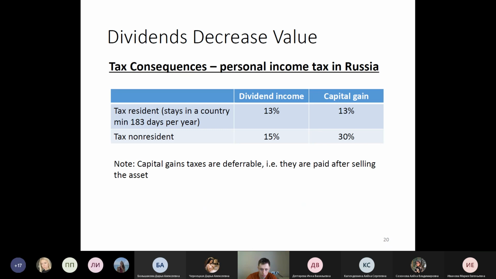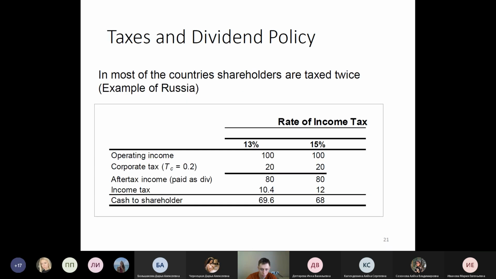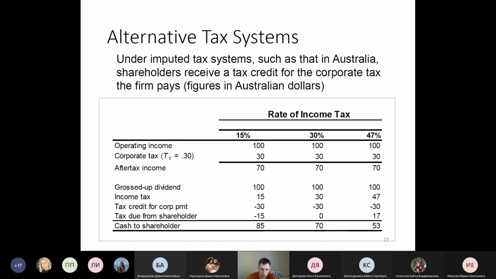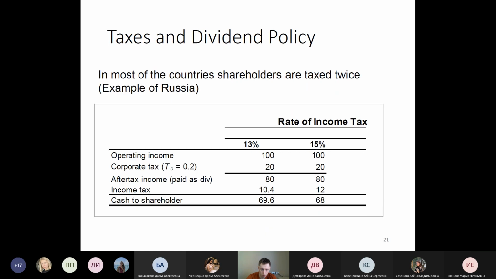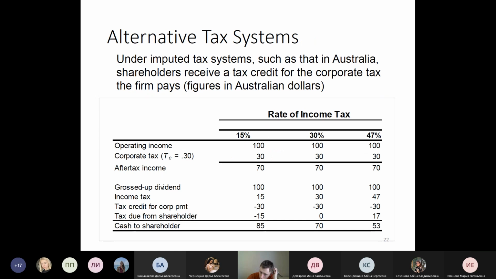Taxes are also relevant there. We discussed the imputed or traditional taxation mechanism of the dividend.